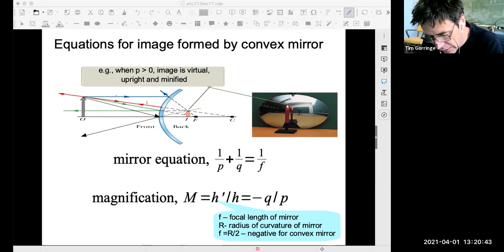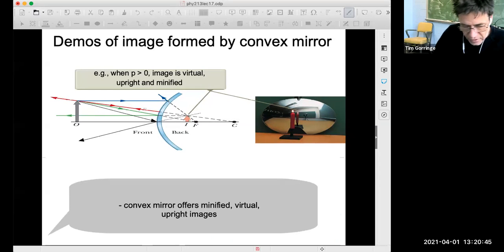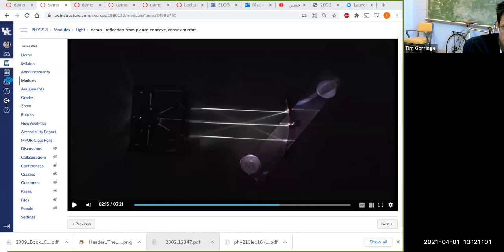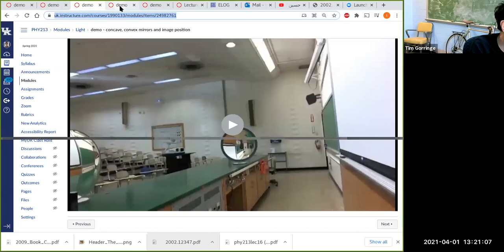And then finally, let's see a demonstration for the convex mirror. So I want to share a different screen again. And I'm going to go to episode 3.